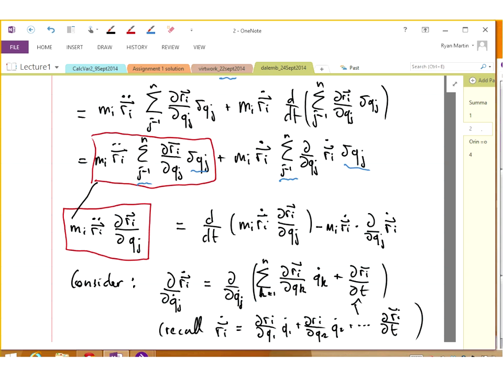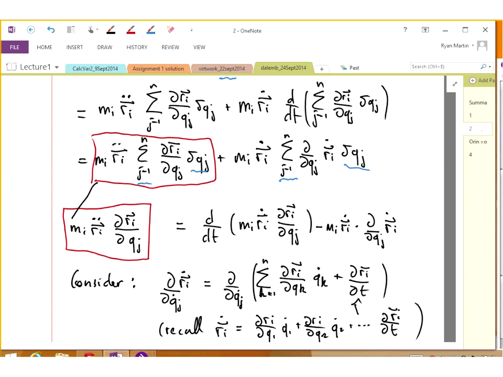So each particle I has a force I. So I goes from 1 to big N. The J's go from 1 to little n, and they're the loop over the sum over the degrees of freedom. So there are little n generalized coordinates, and we label those generalized coordinates q_j.